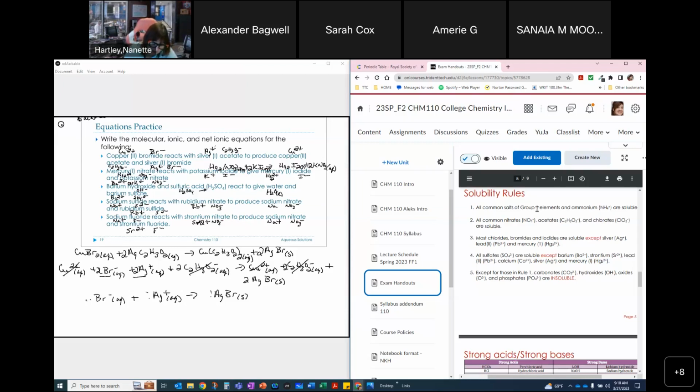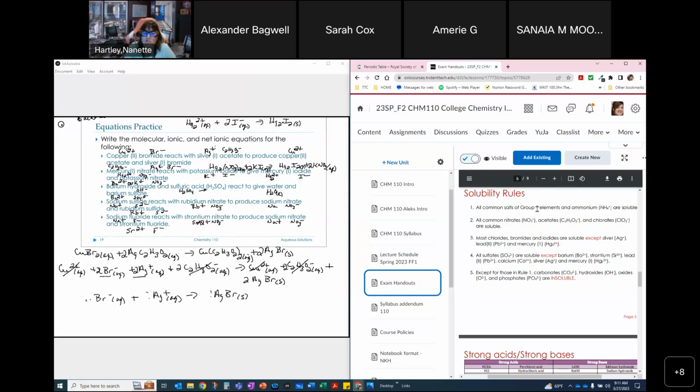If I were to write a net ionic equation for that one, and I'm looking at the formation of the Hg2I2, I need my Hg2 2+ plus the 2 I-, gives Hg2I2. So that's my net ionic. I've gotten rid of everything that was just hanging out. Now, I did not write the ionic there, so if you have any questions about that, that's fine. Just let me know.